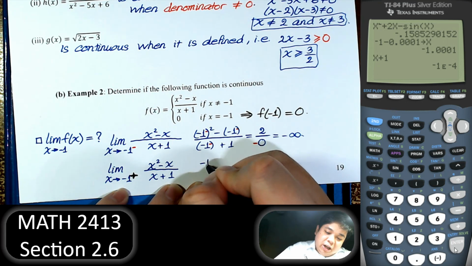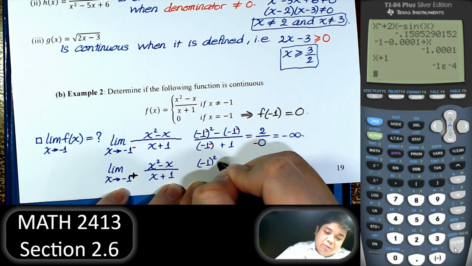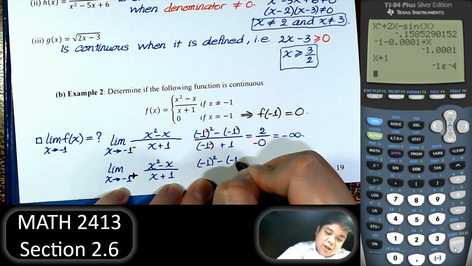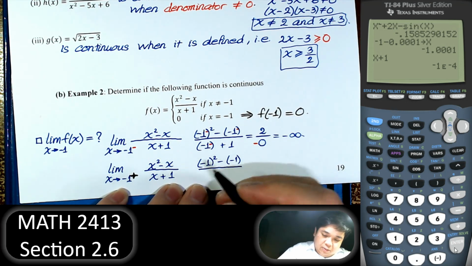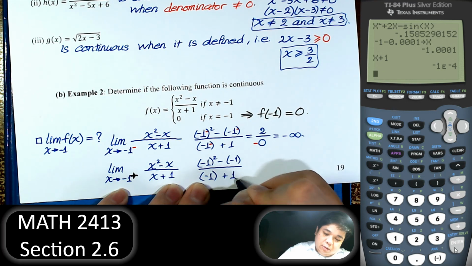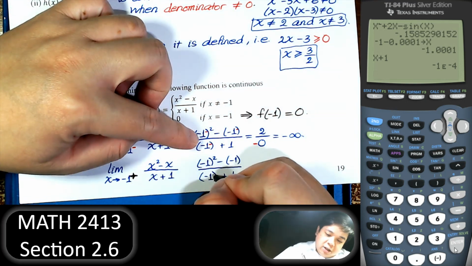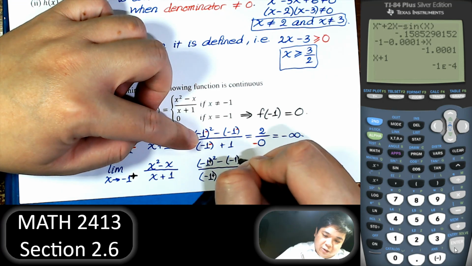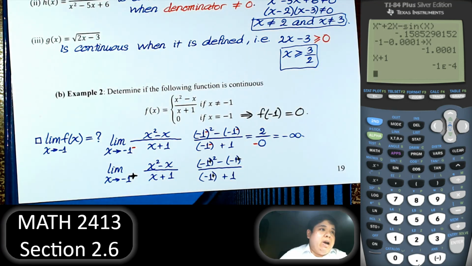If we put in -1, the numerator would be 2 over 0, still the same thing. Now if we have the plus sign on the right hand side, we'll have -1 from the right, so I will add a very small number to it. If it is on the right, we add.